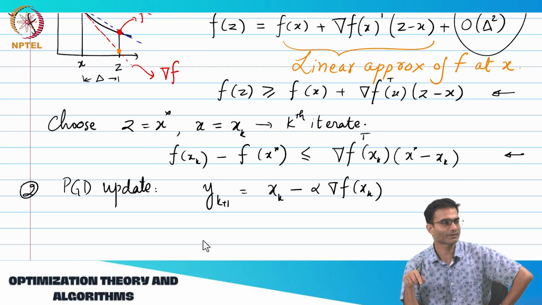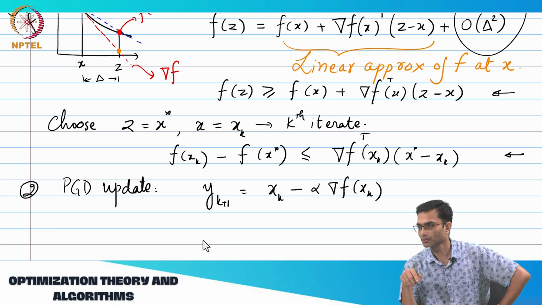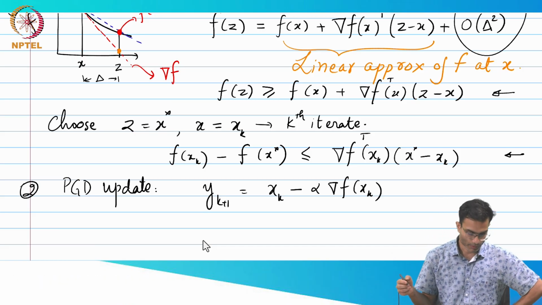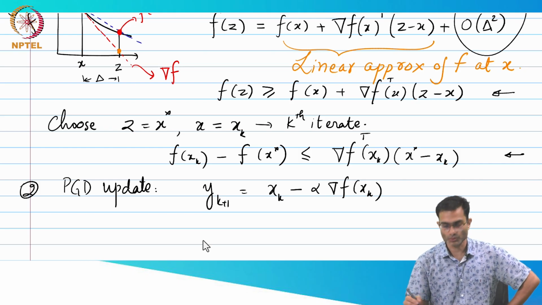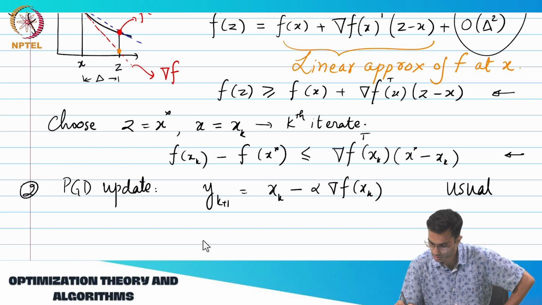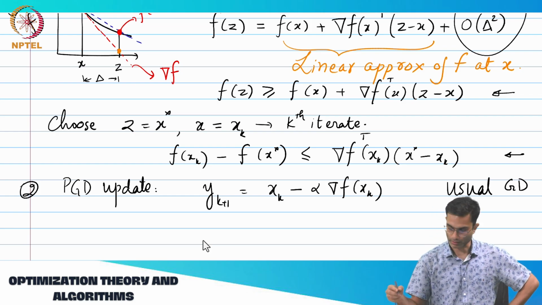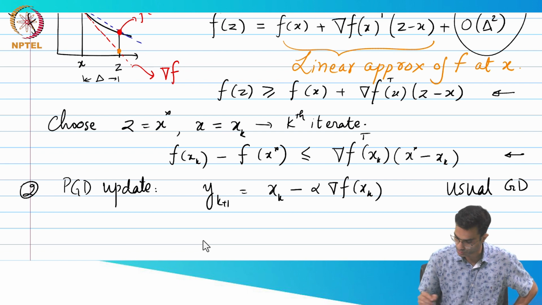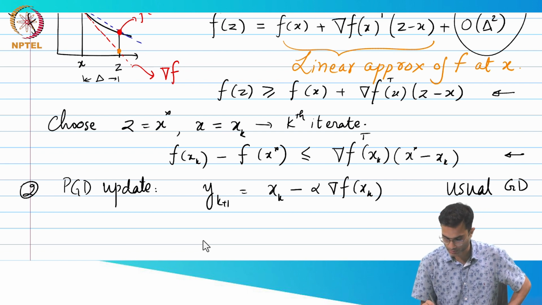Does someone want to verify this? It's correct. I've just flipped them on the other side. So this is our usual gradient descent update. Maybe I'll go to the next page so that I can draw this.